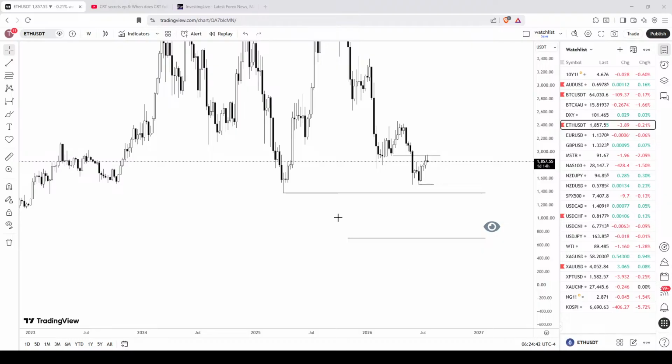I get long there in NYAM, and then price just dumps into my stop loss. Yeah, so then that's Friday. You know, we did hit this later on.